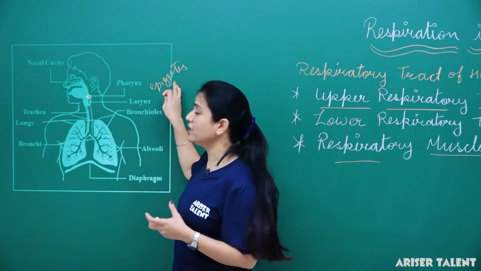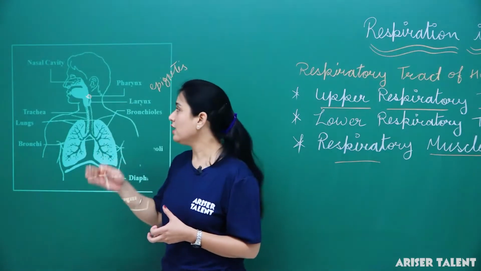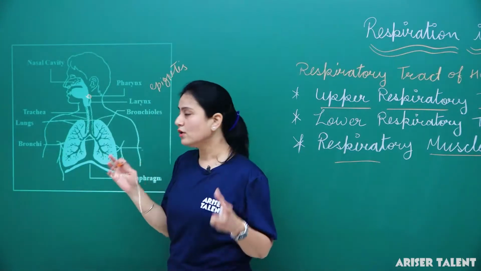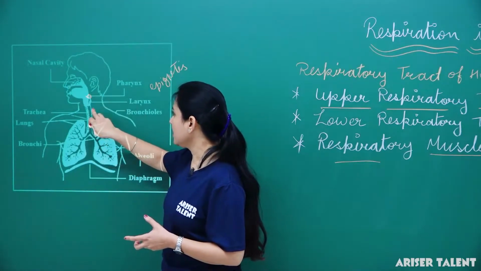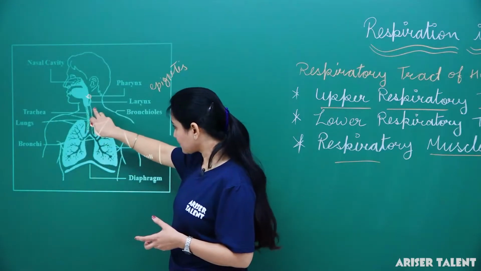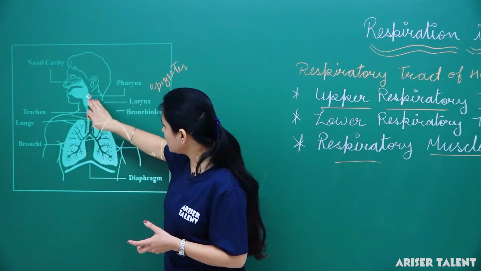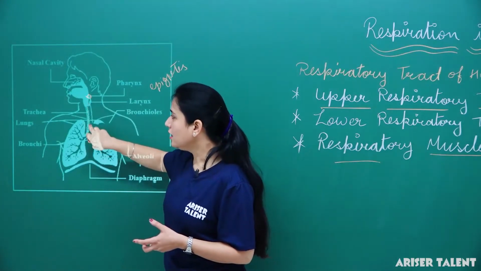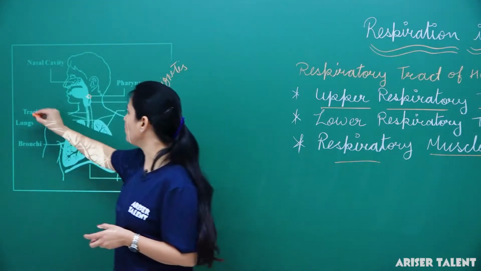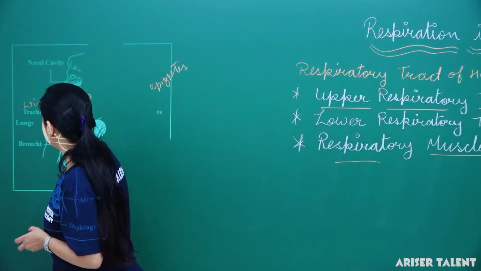Generally, this epiglottis remains open every time, but when we swallow something, then this epiglottis gets closed. Now we can say that pharynx leads to the larynx. Here we can see that larynx is followed by the trachea. Trachea is also known as windpipe.